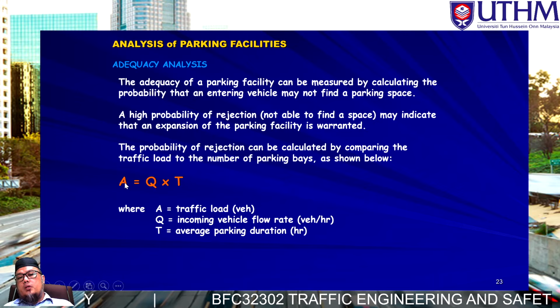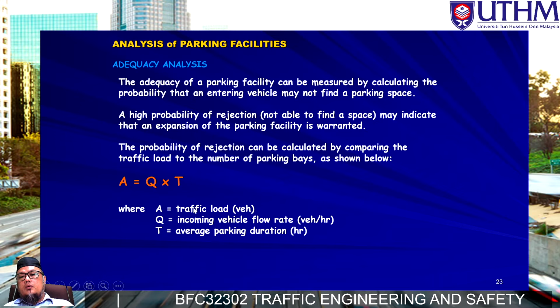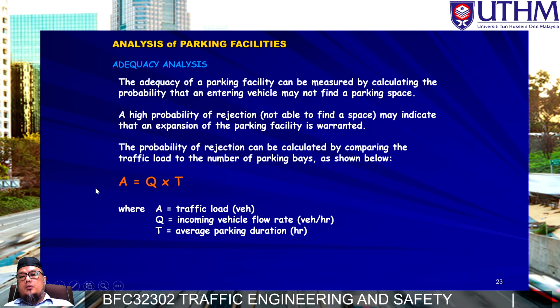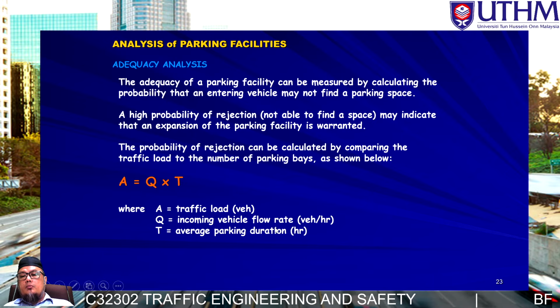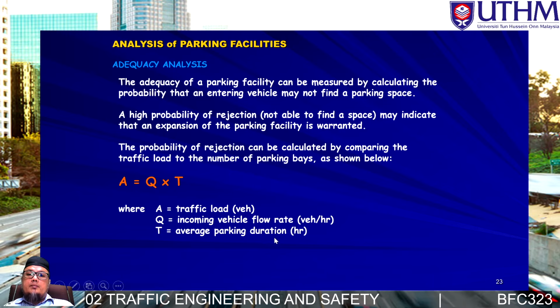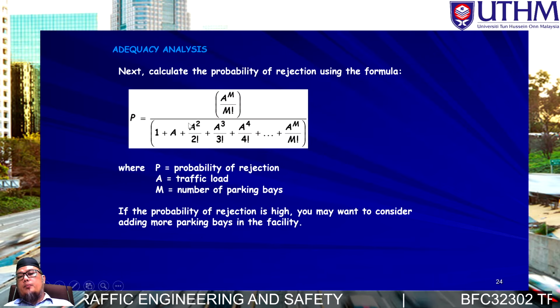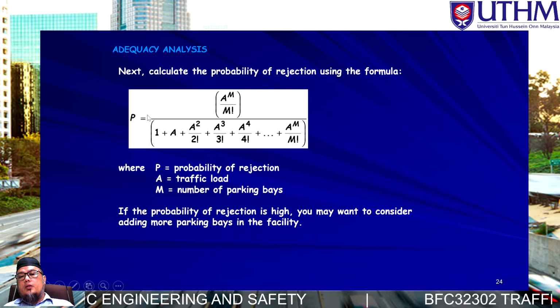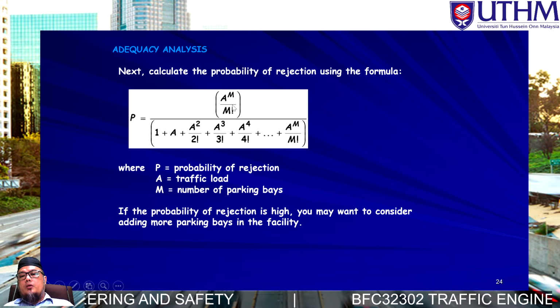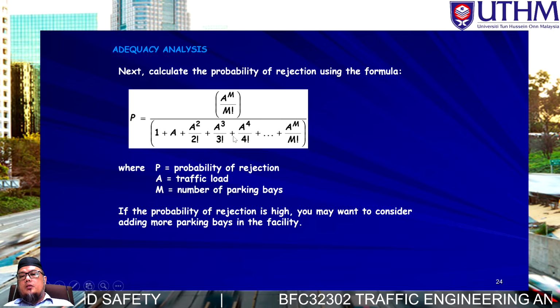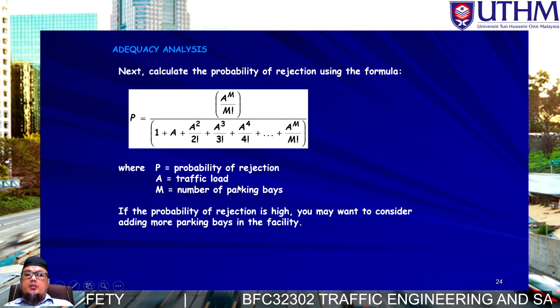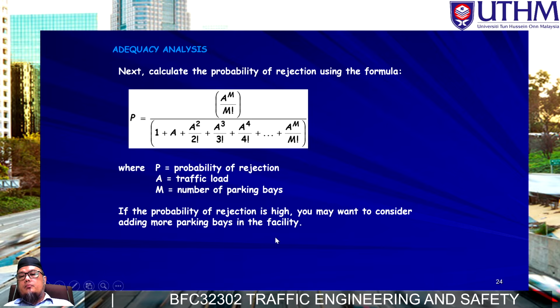Okay, this simple formula is to be used. A refers to traffic load, which is number of vehicles. Q is flow. T is the time for average parking duration. And for probability we use the formula P equal to A to the power M divided by M factorial, or divided by the series, where M is the number of parking lots or parking spaces.